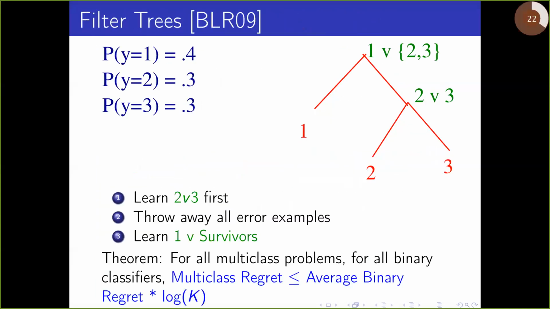Instead of classifying at the nodes, you could predict the conditional probability of going left or right. And then you can multiply together the probabilities as you go down the tree in order to extract the probability for the leaf. There's work along these lines.